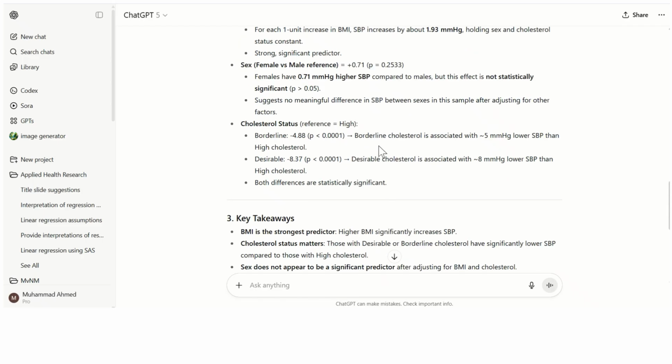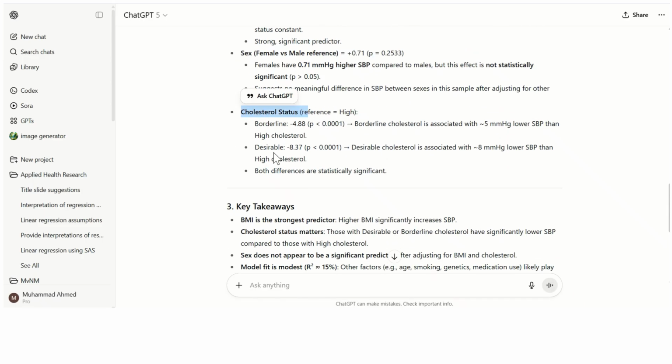Moving on to the cholesterol status, we see that the reference assigned by SAS was high cholesterol status, and compared to high, the people with borderline cholesterol status have 4.88, almost 5 millimeters lower systolic blood pressure. So borderline cholesterol is associated with 5 millimeters of mercury lower systolic blood pressure than high cholesterol. Okay, that also makes 100% sense.